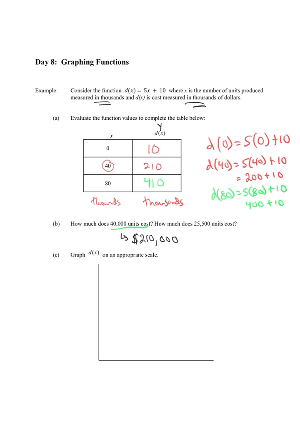How much does 25,500 units cost? Well, that one we would need to do another calculation. What would be our x in this case? Remember, that's thousands for our x value, so that would be 25.5 thousand. So if we plug that in, we would do 5 times 25.5 plus 10, giving us 137.5.